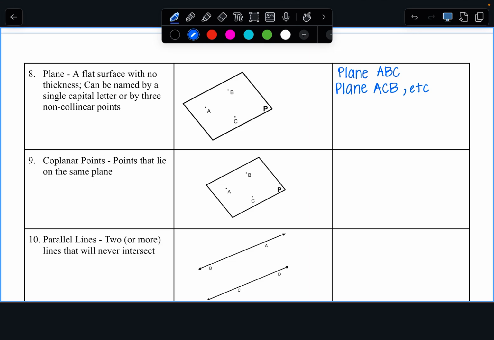Coplanar, or actually there's one more way. We can also label that as plane P, because that's how that one is labeled. Normally it's this bold letter somewhere on your plane. Okay. Coplanar just means points that are on the same plane. So A, B, and C are all coplanar points.